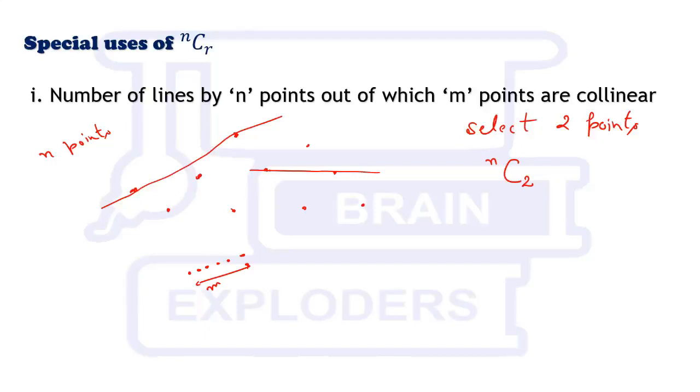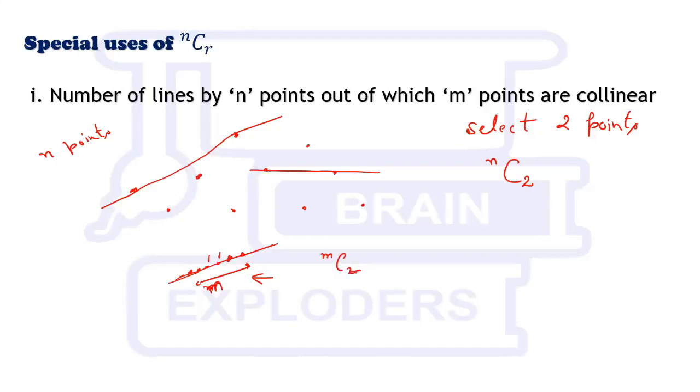But look at these m collinear points. Suppose we selected this and this. In this case, the line will be this. If we selected this one and this one, then also we will get the same line. On selecting this one and this one here, we will get the same line. Meaning if from these m points we select any two, mC2, we will get the same line.